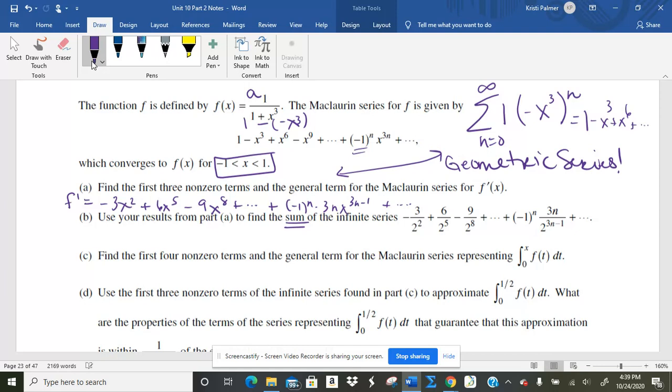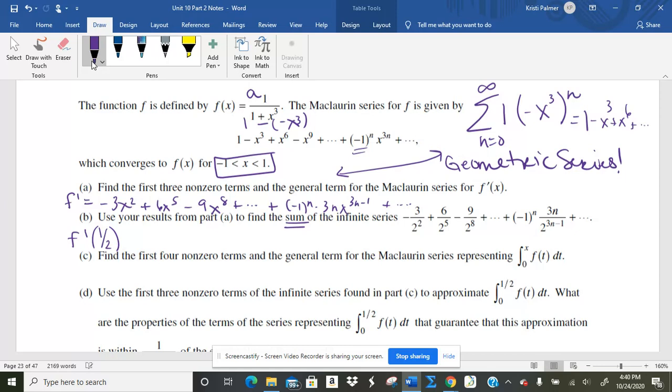I'm seeing that I have this -3, 6, 9. It looks like they're using this derivative. And then what are they plugging in for x? Do you see how they're plugging in a 1/2? So now this is like 1/2 squared, 1/2 to the 5th, 1/2 to the 8th.